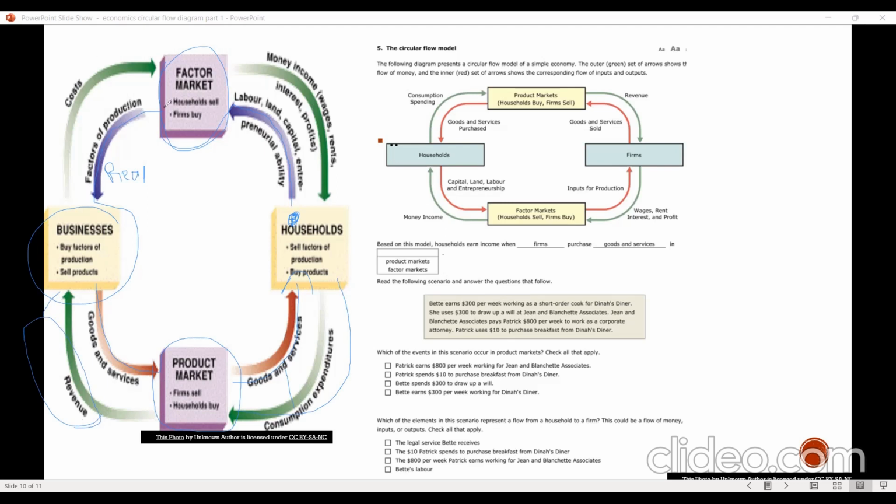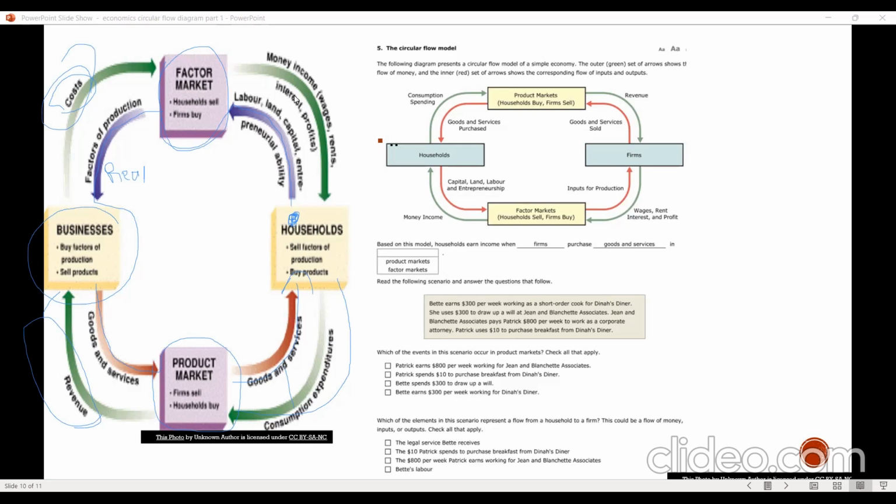When the factor market sells factors of production to the businesses, it then incurs costs, right? Costs, yeah. And when households sell their factors of production to the factor market, they in return receive remuneration from labor, land, capital, and entrepreneurship.